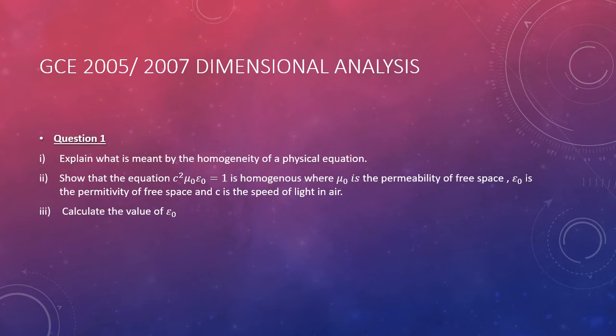Two, show that the equation c squared mu naught epsilon naught equals 1 is homogeneous, where mu naught is the permeability of free space, epsilon naught is the permittivity of free space, and c is the speed of light in air. Three, calculate the value of epsilon naught.